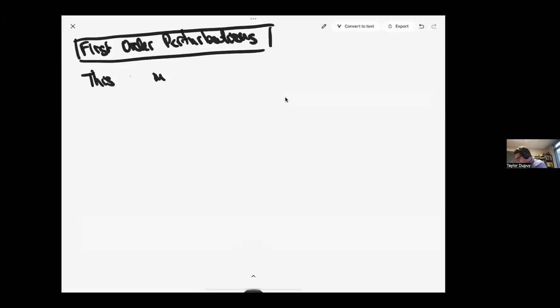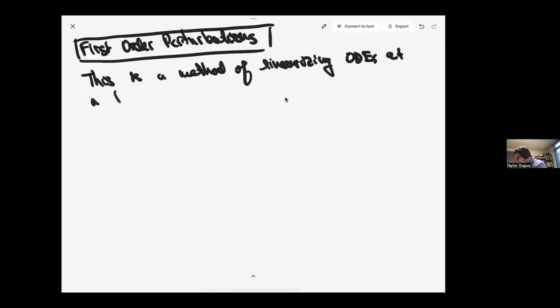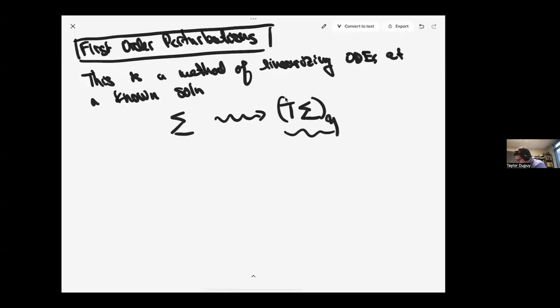This is a method of linearizing ODEs at a known solution, right? And so what we'll do is we're going to take sigma, and then we're going to get some linearized equations at eta, a known solution.